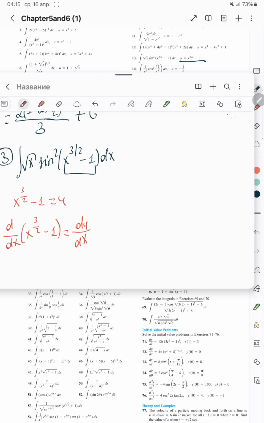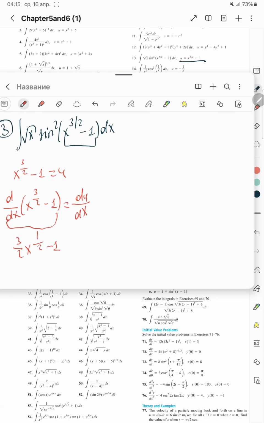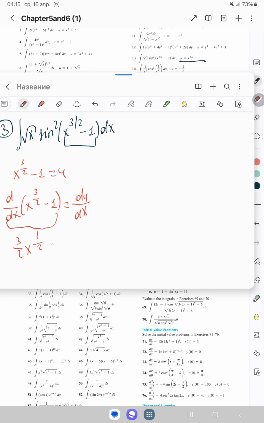It will give us, the derivative of this part is 3 over 2 x to the power of 1 over 2, which means 3 over 2 square root of x.